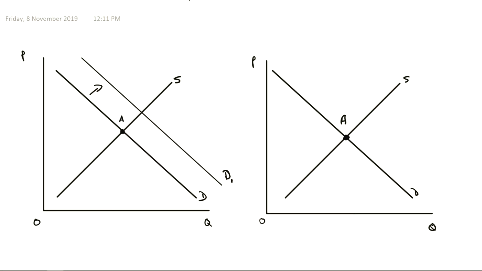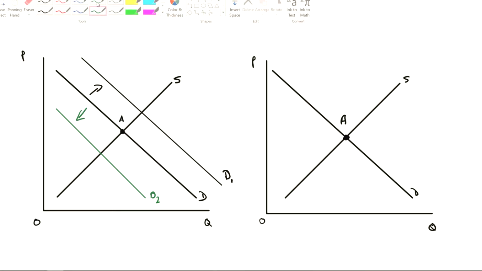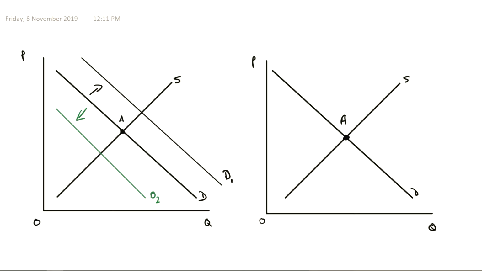And you guessed it, a decrease in demand where there's less quantity demanded at every price, the whole demand curve will get up and shuffle along to the left and just kind of live there now.